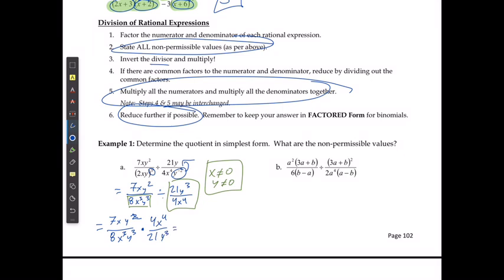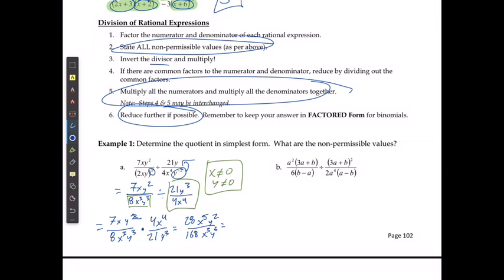I can simplify that to 28x to the 5 y to the 2 over 168x to the 3 and y to the 6.